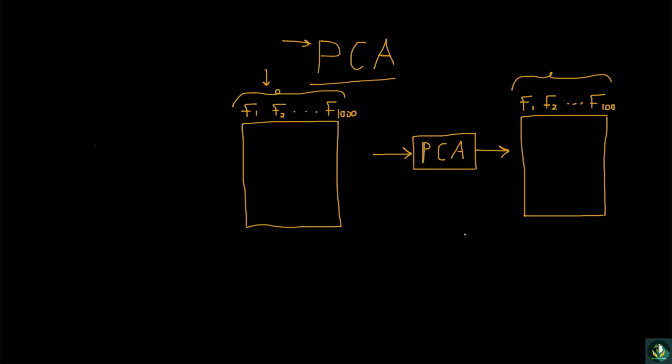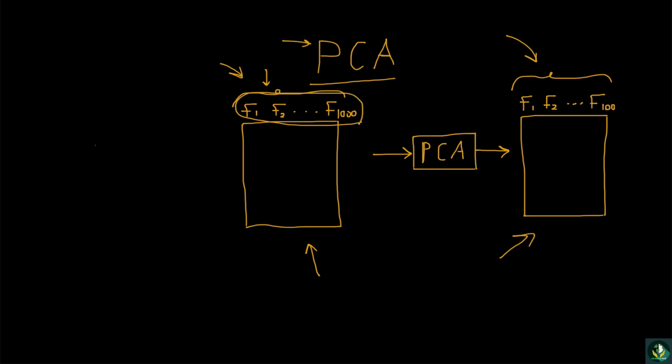PCA will create a smaller version of our original data set by compressing our original features. These new features are created by the contribution of all our original features.